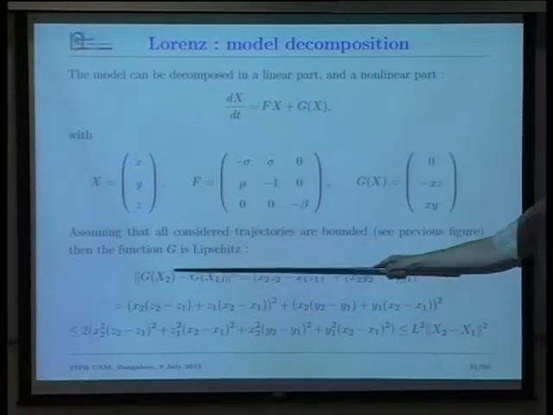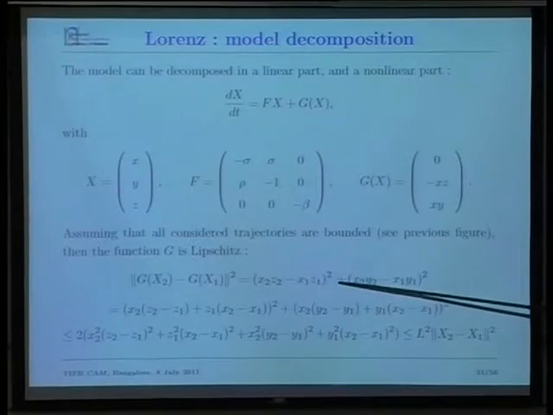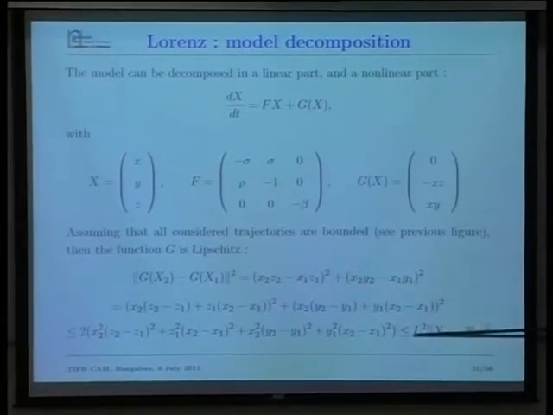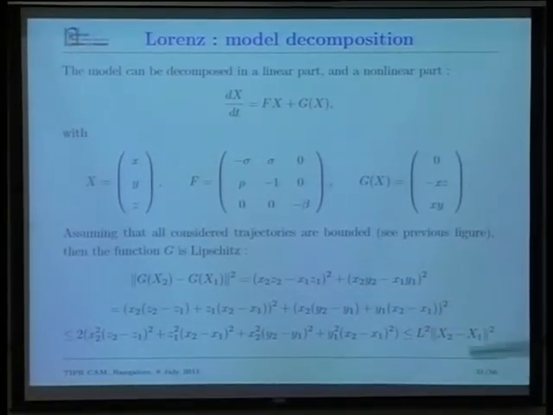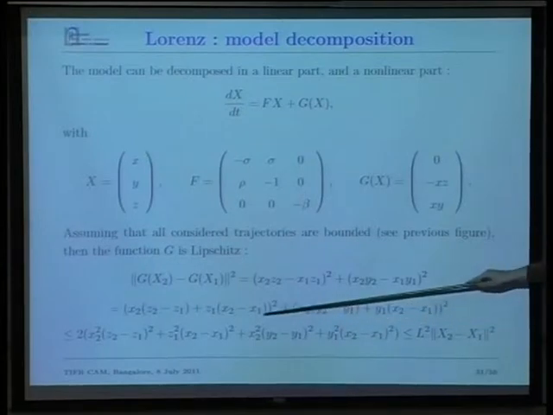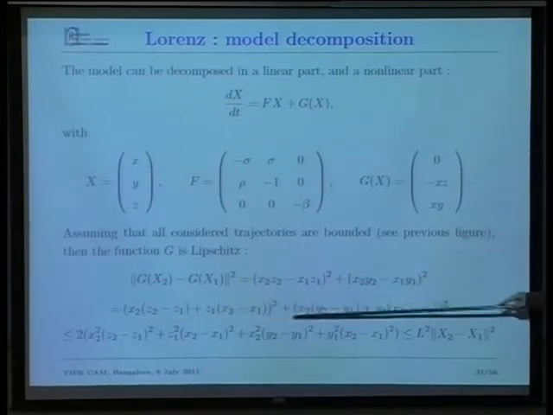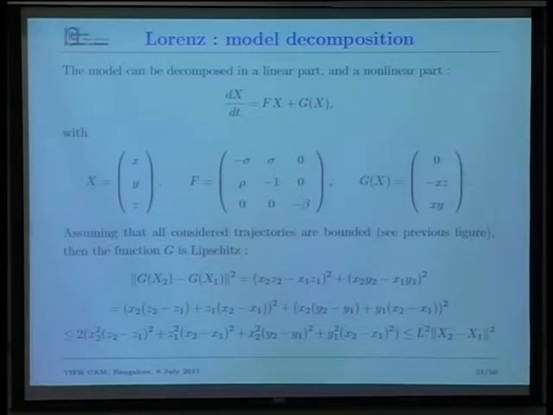So if you compare g of x, you will find after some work that everything is bounded by 2 or 4 times the bound of the solutions times the square norm of the difference between the two solutions. So it is a Lipschitz function as long as the solutions are bounded.